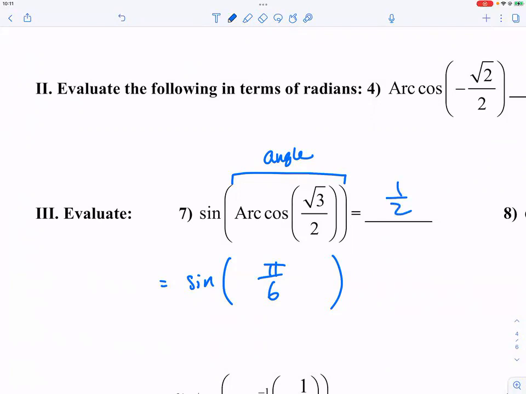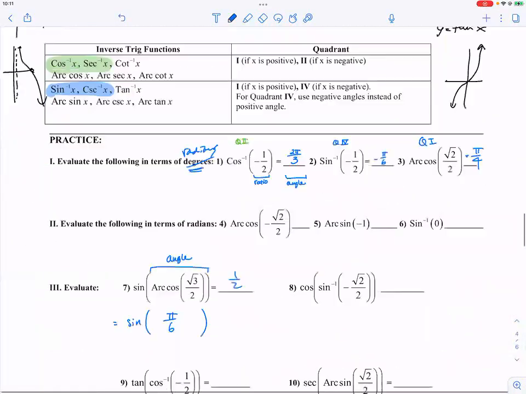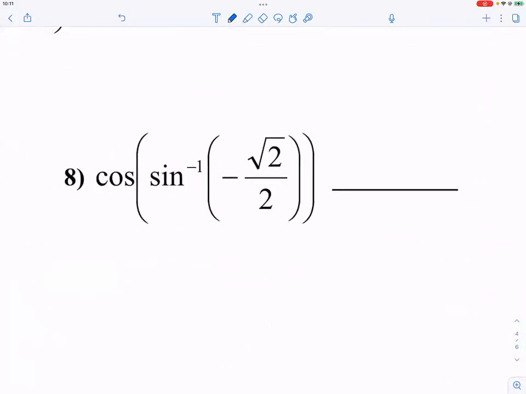So in terms of difficulty, I would say it's not that hard if you know a couple of things: your unit circle values and your restrictions. If you have those two in your head, easy. Think about this. What about this one? Okay. So again, we have cosine of an angle, but this angle is kind of ugly. So let's take out this angle first. So this angle, well, sine inverse of negative √2/2.